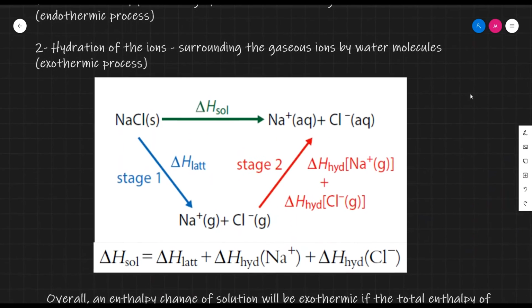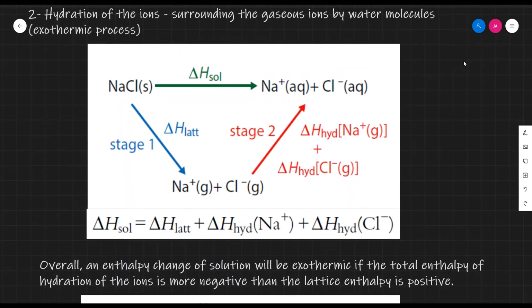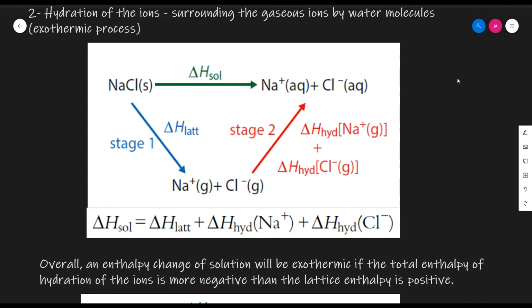I've displayed the cycle for the sodium chloride example over here. As you can see, it has three main definitions. This arrow represents the enthalpy change of solution, which is defined as the enthalpy change when 1 mole of an ionic solute is dissolved in water to form aqueous ions in solution at infinitely dilute solution.